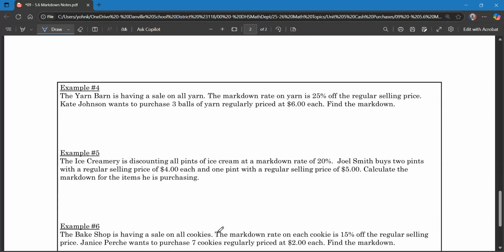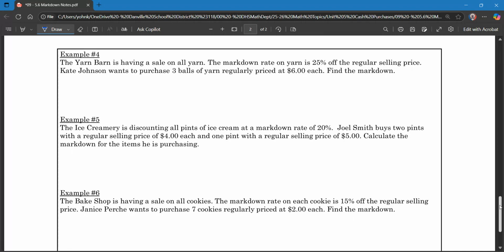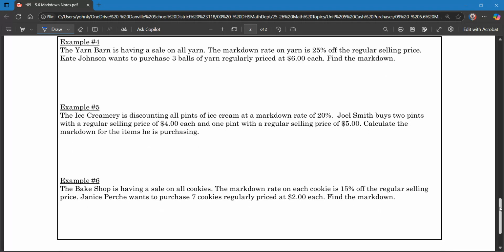All right, on the next example, number 4, the yarn barn is having a sale on all yarn. The markdown rate on yarn is 25% of the regular selling price. Kate Johnson wants to purchase 3 balls of yarn regularly priced at $6 each. Find the markdown. So I want to know how much Kate is saving. Well, first let's find the total amount that she purchases.